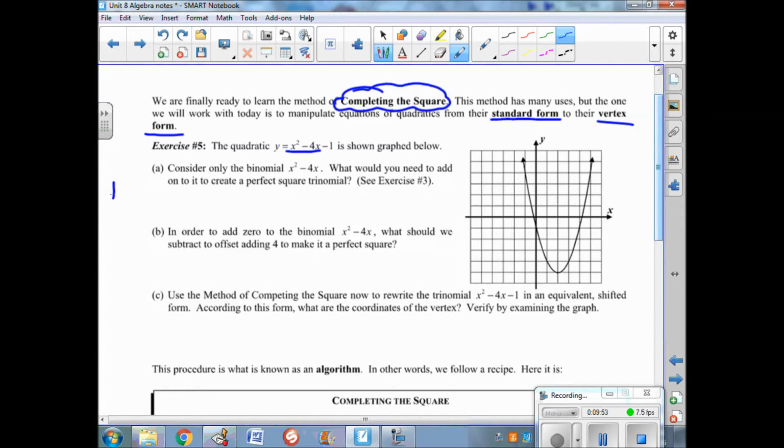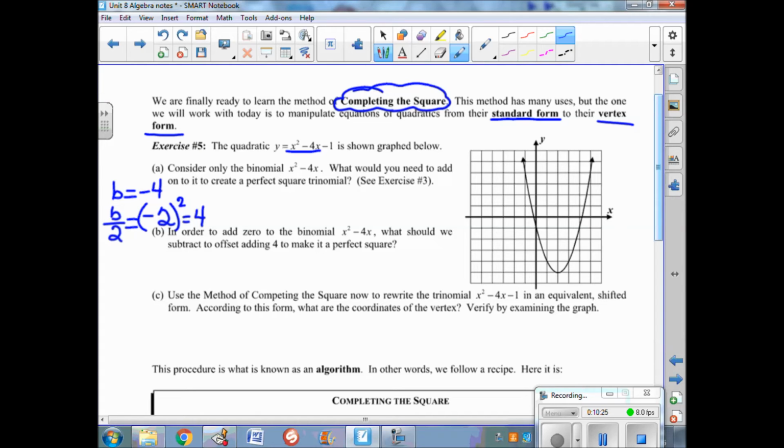I know that b is equal to -4. But if I take half of b, which gives me -2, and now square that, that's going to be 4. So it says, what would you need to add onto it to create a perfect square trinomial? Now think about this for just a second. We can't just randomly add some number to an expression or to an equation and have that be an equivalent equation.